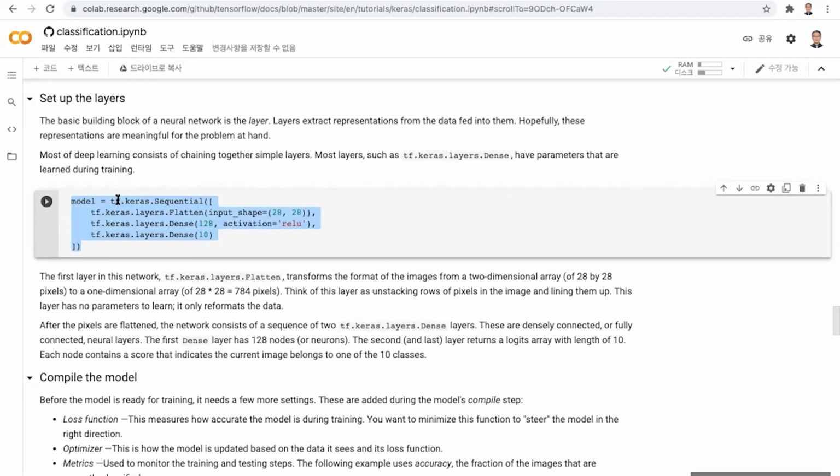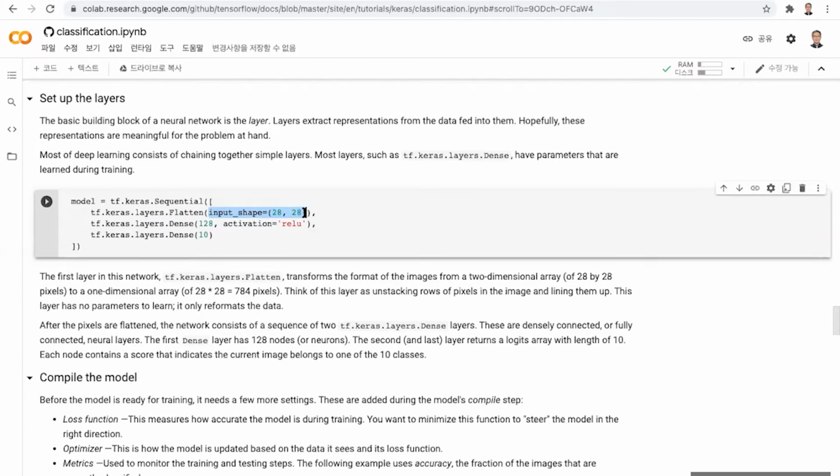It's tf.keras.Sequential. Since this is a very simple example, it uses a Sequential model. And we know the last two layers already. The last one is a dense layer, but there is a new layer called Flatten. What it does is simply make the matrix into one row. So let's think about the input shape first.